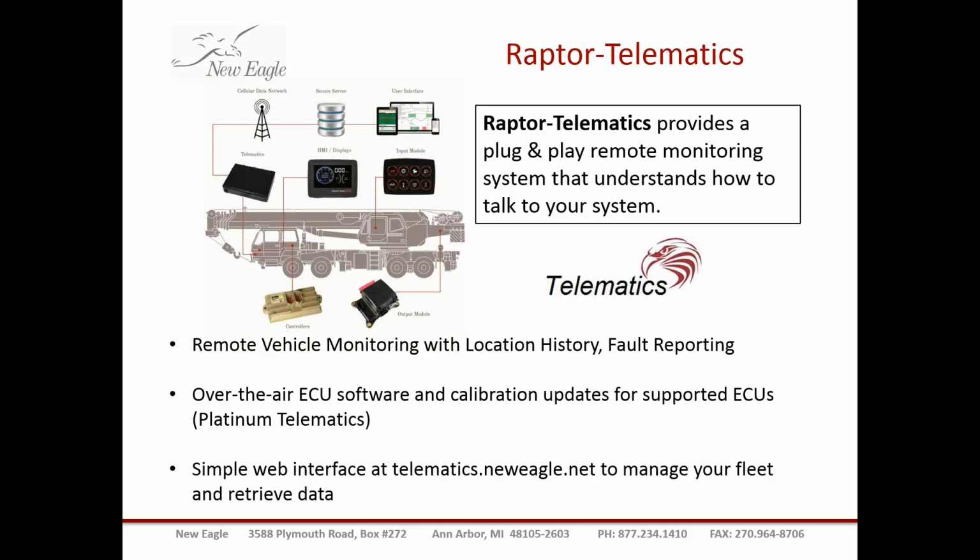So it knows how to do over-the-air ECU software updates for the modules that we support. I should say for supported ECUs, and it also allows for remote vehicle monitoring, location history, and fault reporting. On the next page, we'll see the web interface for telematics.neweagle.net, where you can manage your fleet and retrieve data.